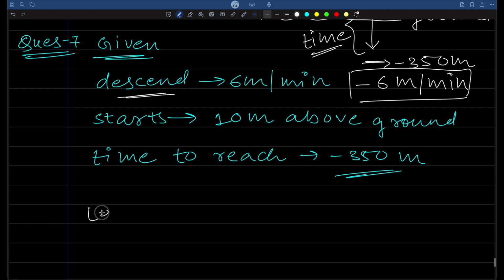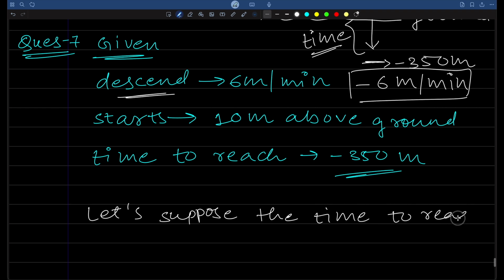Now let's suppose the time to reach minus 350 meter is x minute.